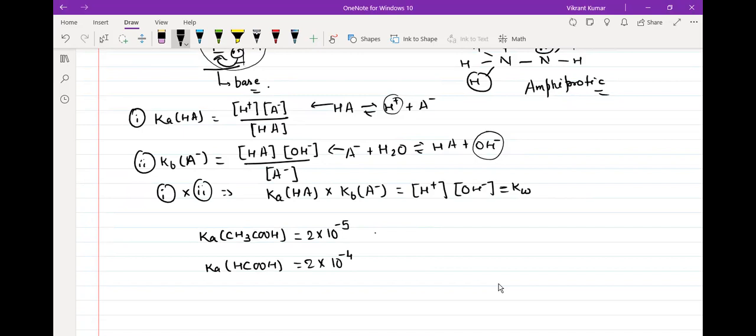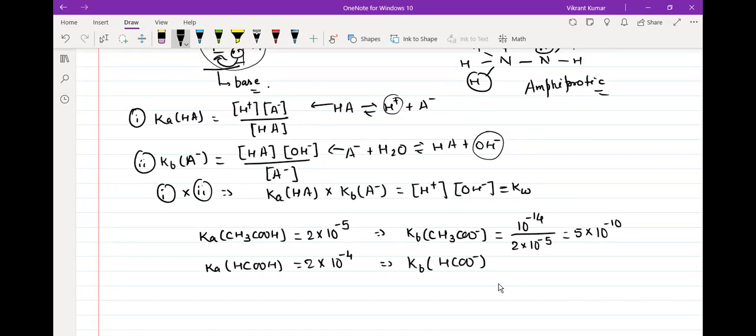Now if I ask you what will be the Kb of CH3COO minus, that will become 10 raised to minus 14 upon 2 into 10 raised to minus 5, and that will become 5 into 10 raised to minus 10. If I ask you what will be Kb of HCOO minus, that will become 10 raised to minus 14 by 2 into 10 raised to minus 4, and that's why it will become 5 into 10 raised to minus 11.